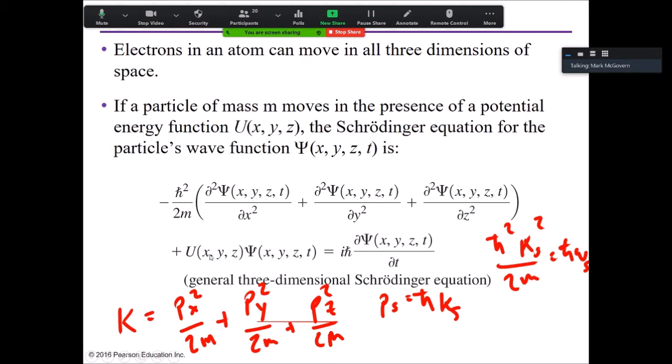Of course, potential energy remains the same. And if we are dealing with the time-dependent equation, the right side still looks like i h bar d psi dt. And this equation here is just generally what the Schrodinger equation looks like in rectangular coordinates, okay, and time-dependent.